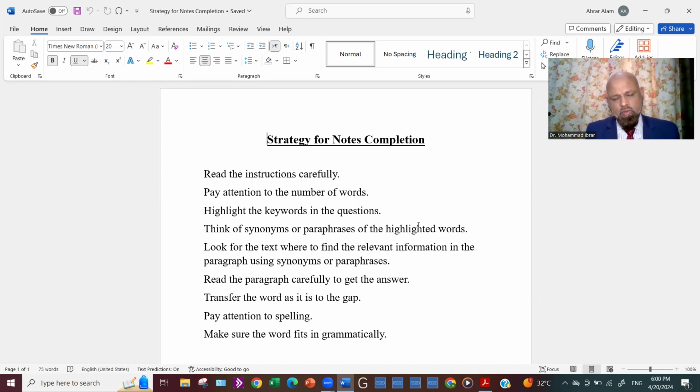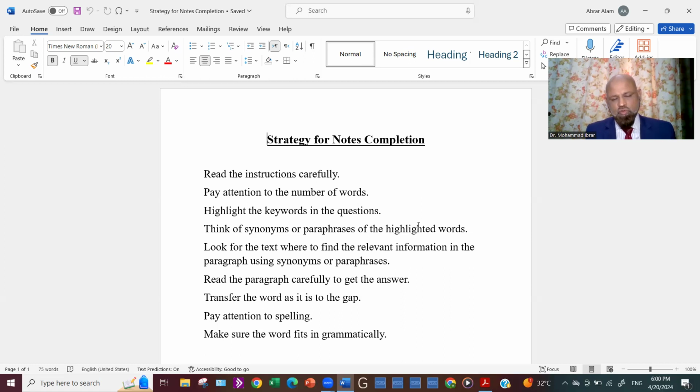And then you have to read the paragraph carefully to get the answer. So once you find the relevant information using the keywords, you have to get the answer right there.